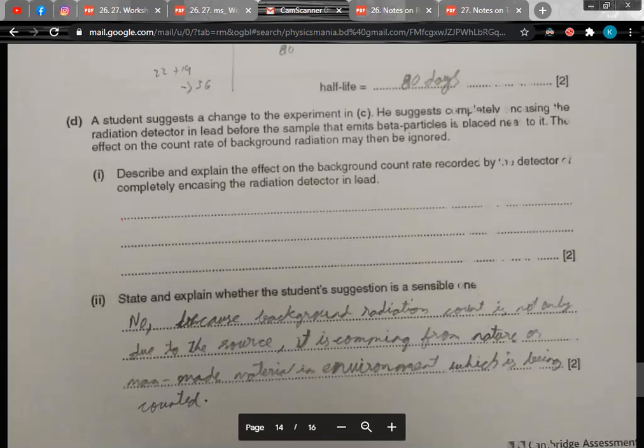Yes, sir. Not only beta particles. So if there is a lead box over there, will it be able to detect any beta particles? No, sir. So if it cannot detect beta particles, then what will happen?